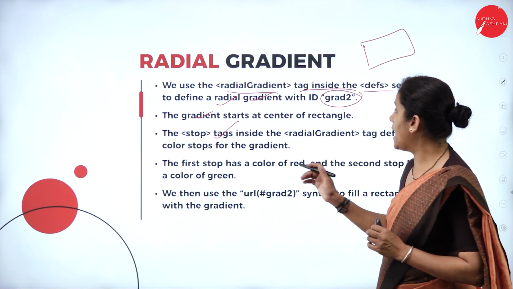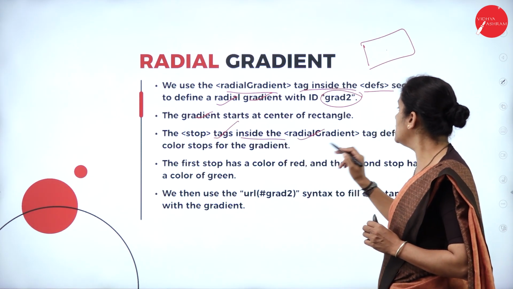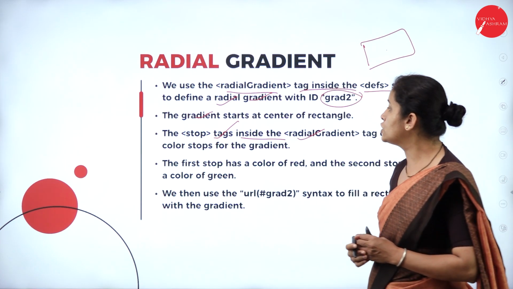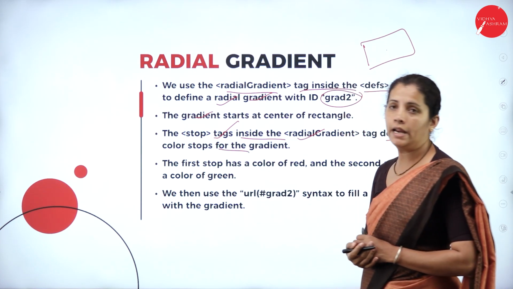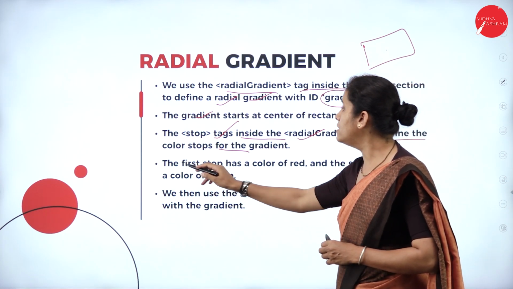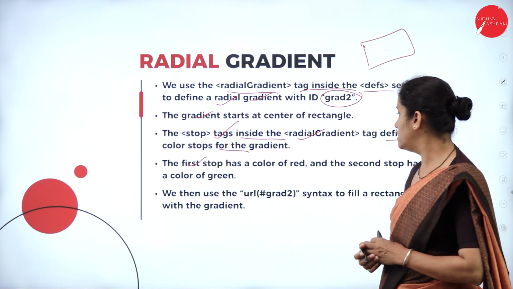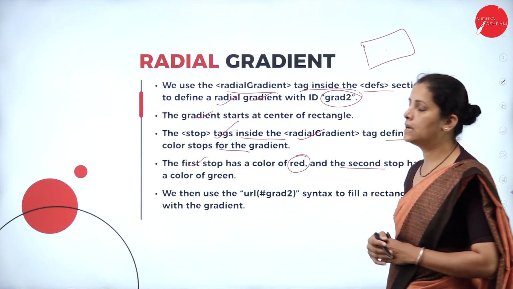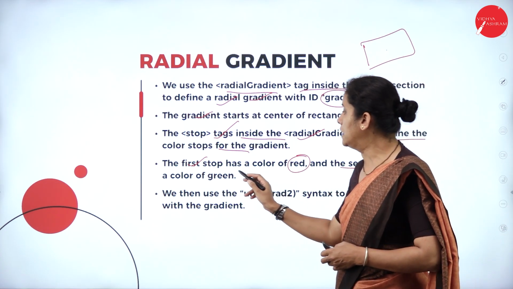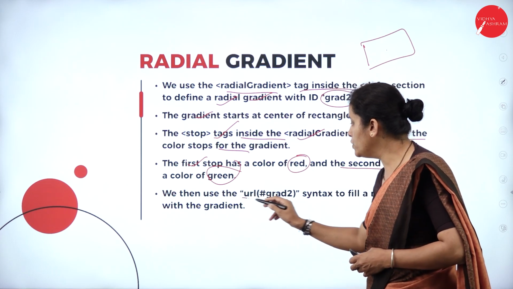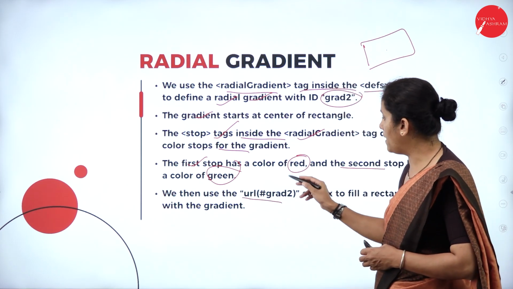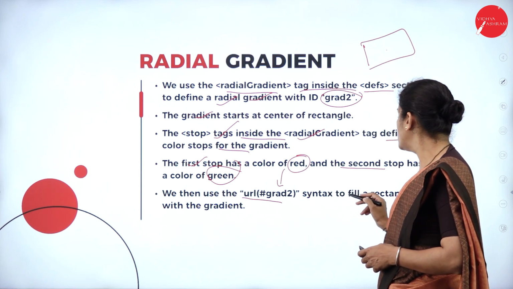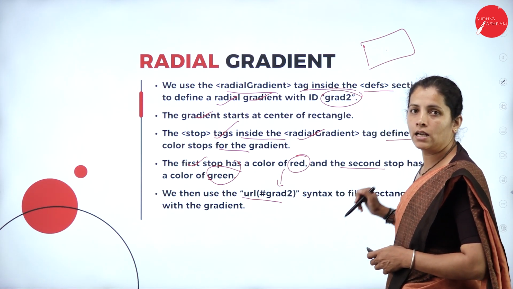The stop tag inside the radial gradient tag defines the color stops for the gradient. The first stop has a color, red, and the second stop has a color called green. Then we use URL and I'm passing the ID grad2, which is the syntax to fill the rectangle with the gradient.